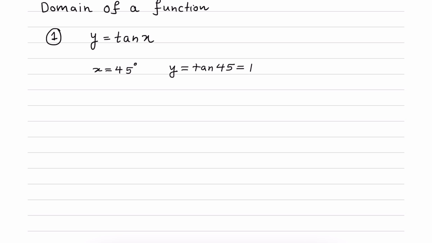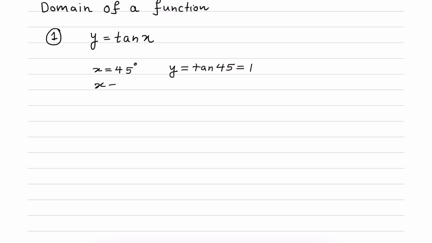So 45 is part of the domain because it is allowable in the sense that when we plug 45 in this trigonometric function, we get the output as a real number. So 45 is going to be part of the domain.